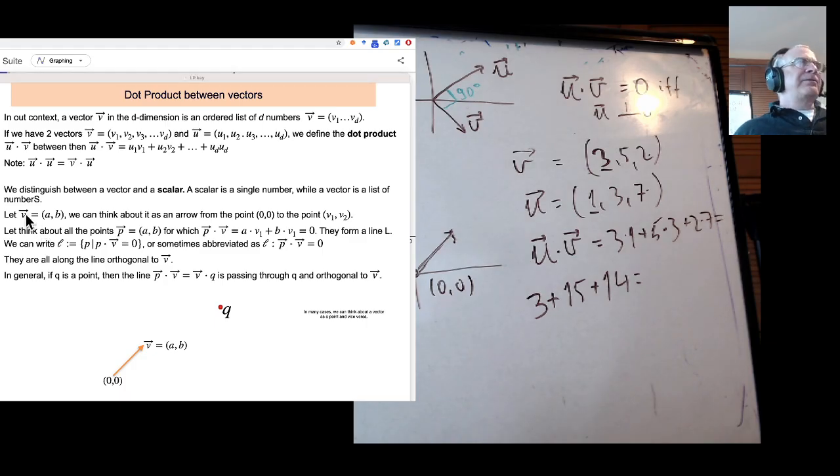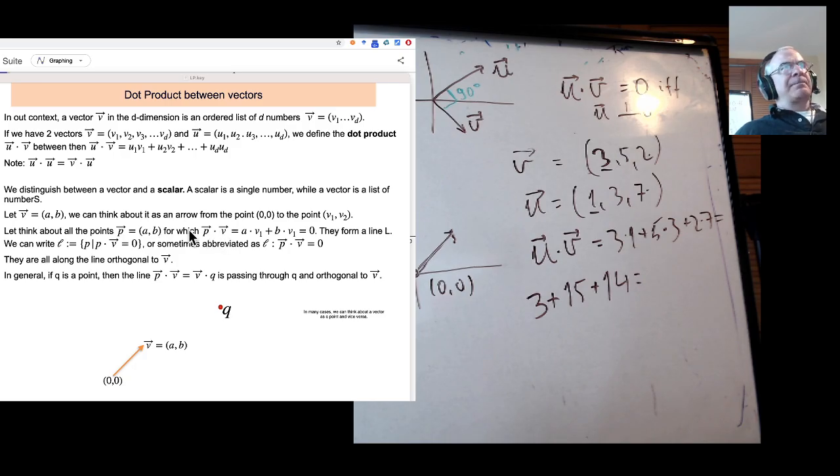Let V be a vector, and we can think about it as an arrow, I said it, emerging from 0, 0 to the point V, the point that you will get by dropping these values. And now I want to ask about all the other points P, or vector P, let's say P equals AB, such that P dot product V is fixed.